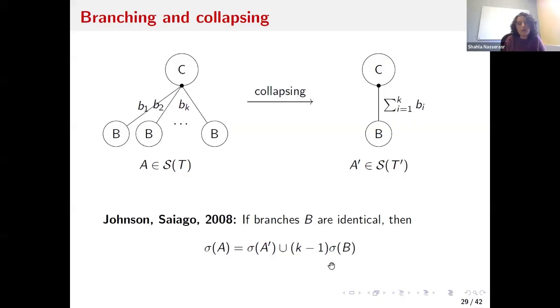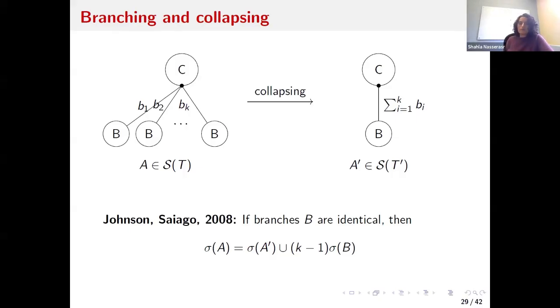They showed that if I have a tree like this, where identical branches are hanging from one vertex, and we collapse all of those to make it just one branch, with changing the weights of edges in this way, then the spectrum of the large matrix is simply going to be the spectrum of this small matrix together with k-1 copies of the spectrum of the branch. So if there are k branches, then k-1 copies of it.